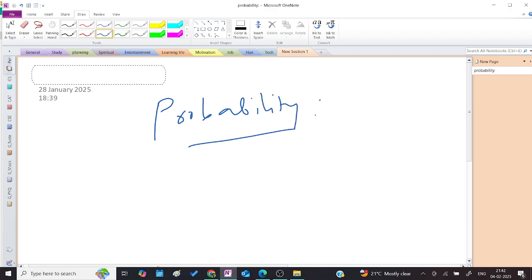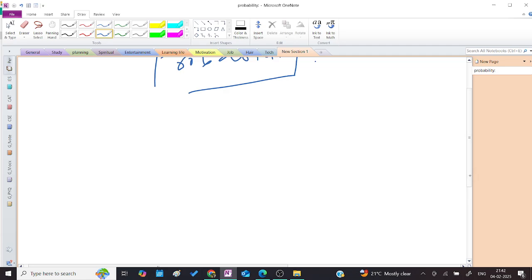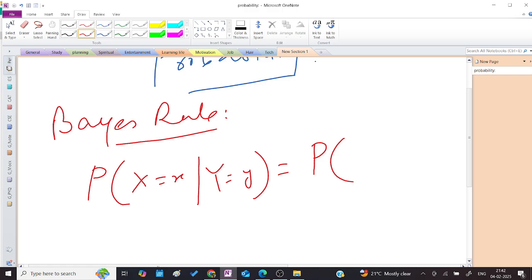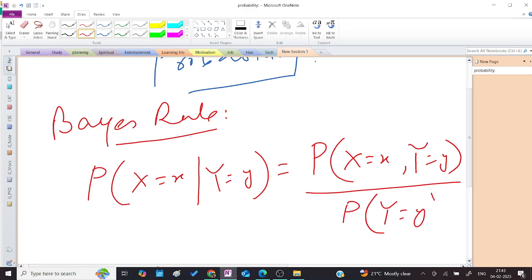Okay, so I am not going with very basic things. Let's start from Bayes' rule. Okay, so what does it say? Probability of X equals small x given Y equals small y is equal to probability of X equals x, Y equals y, divided by probability of Y equals y.